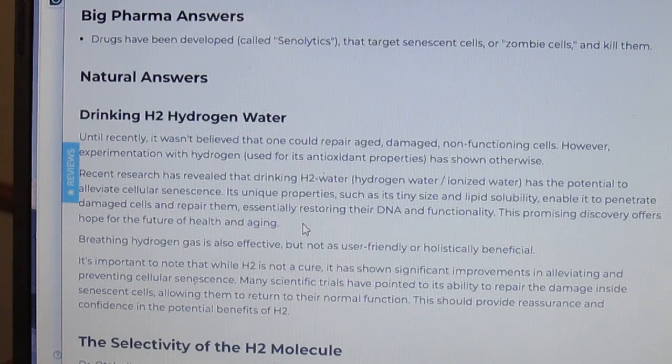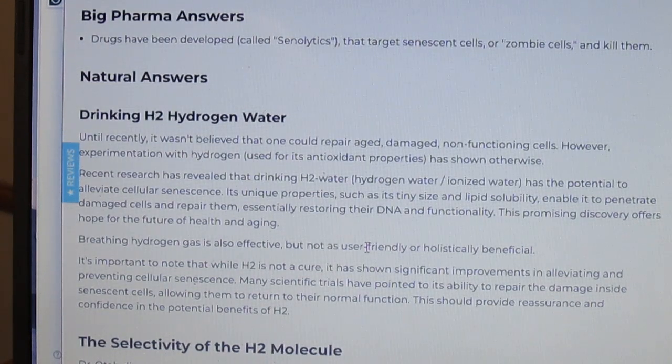And actually, hydrogen has been found to, when you drink it in hydrogen water, either using a hydrogen water machine or a water ionizer, either one will make hydrogen in the water. And to drink it like that, the hydrogen can get into your body and literally last for days, even though it normally would just evaporate if you let the glass of hydrogen water sit out in the open.